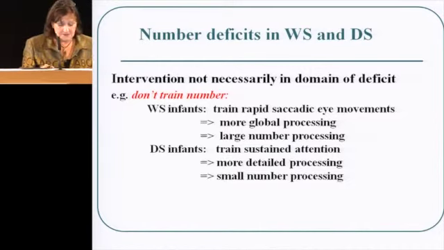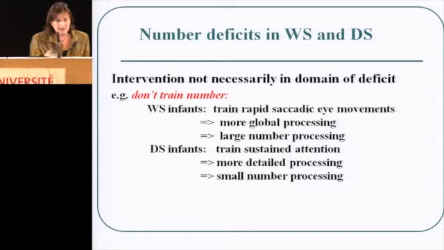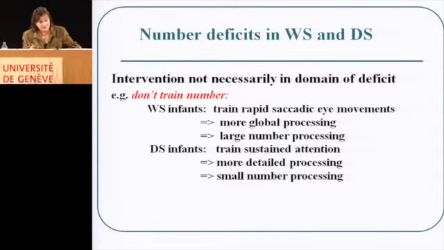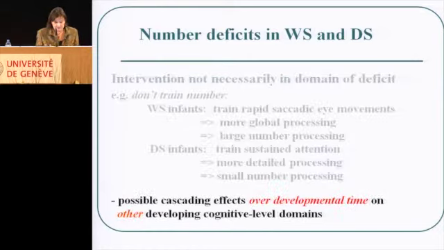But in Down syndrome infants, we need to train sustained attention because they have problems staying on target. They move a lot around it. And that should lead to more detailed local processing and also to small number processing. So that might give effects over many different domains.